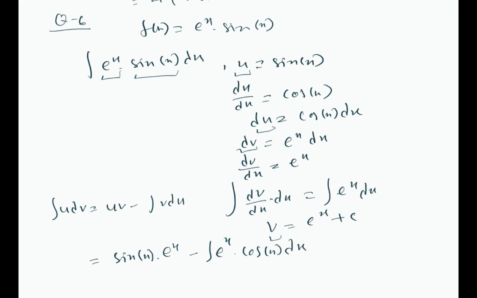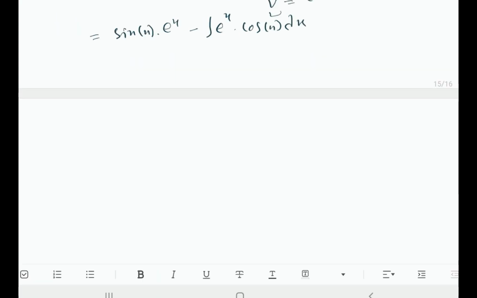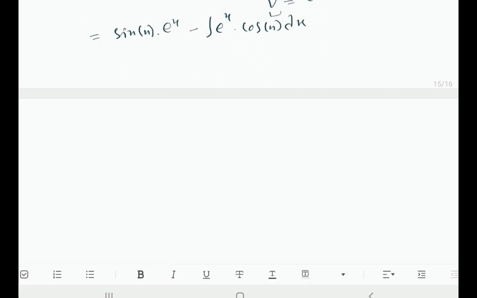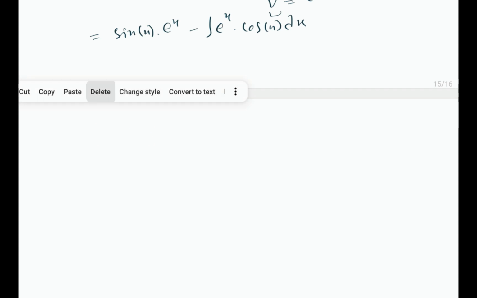Okay, so we can simplify this expression.